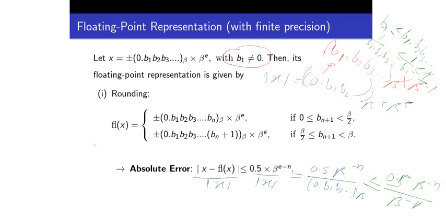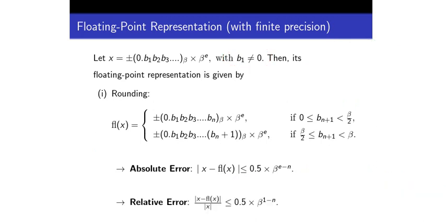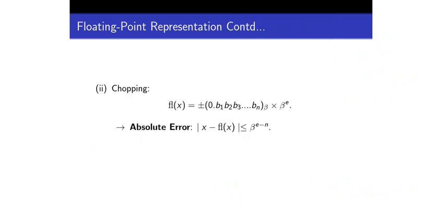Okay, so this will give you the rounding error, fine. So the relative error for rounding will be given by that. Now, instead of rounding, if you are going with chopping, there is no second part, only chopping.